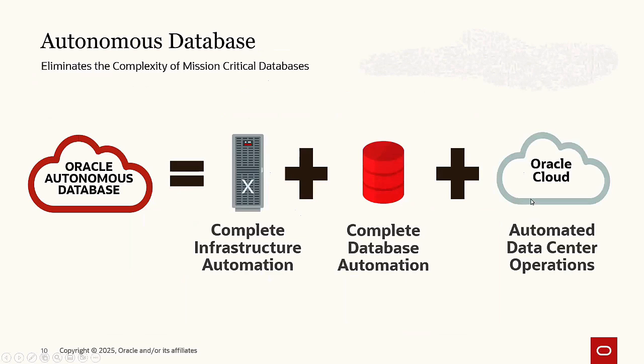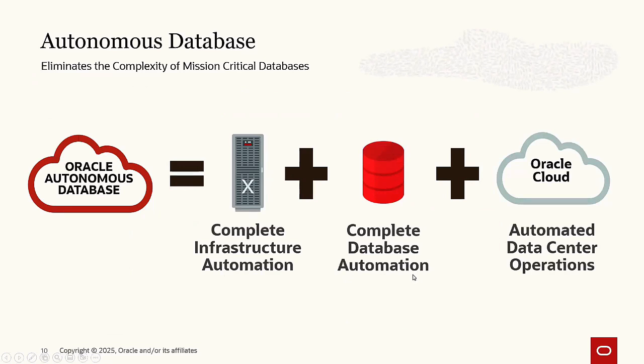So you've got the underlying data center operations. Now let's talk about some of the things that we put in our products. In particular, from a database perspective, we have our autonomous database, and we like that.